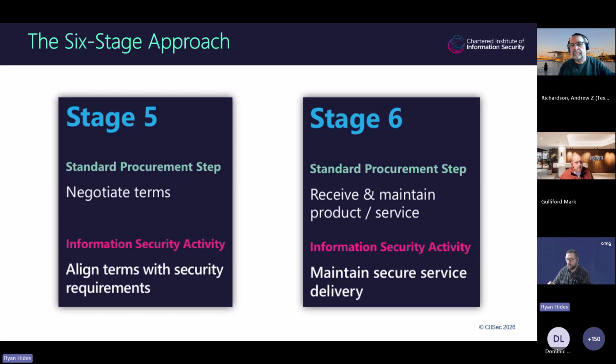So if there's an incident, who do they report to? How soon do they have to report? Those are things that can be part of the agenda items that Mark mentioned, and also part of the contract terms as well.